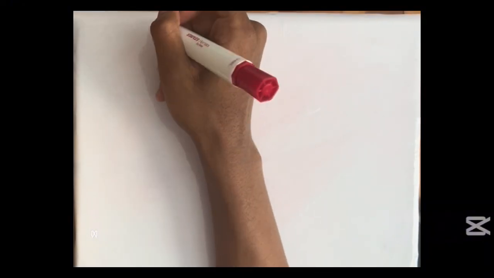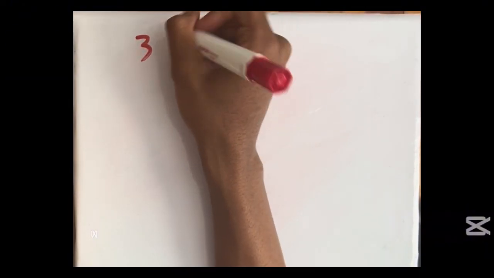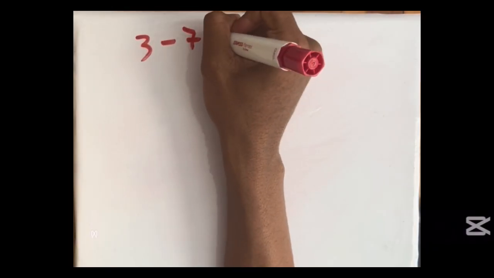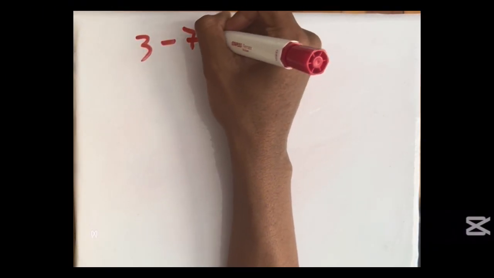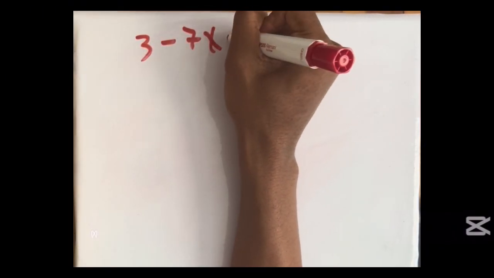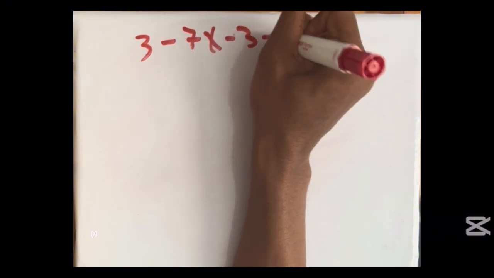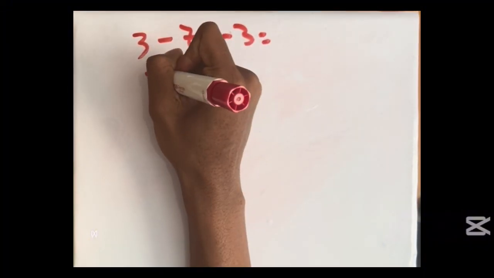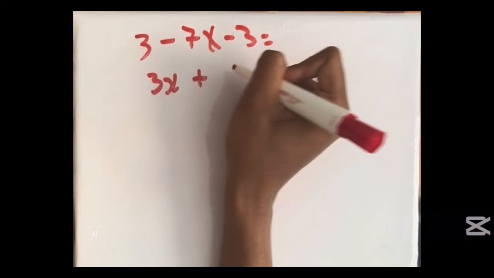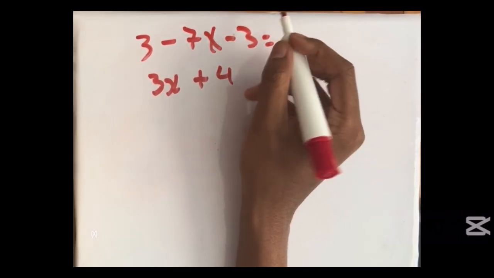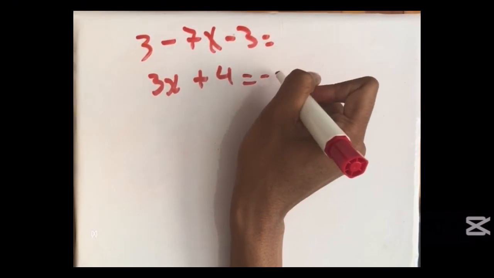And now that the video is coming to an end, we're going to do a few practice problems to call it a day. So let's do something like -7 times -3 plus 3x plus 4 equals -2.